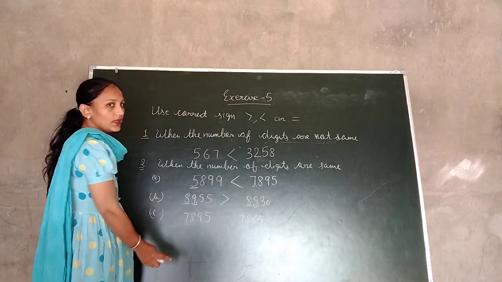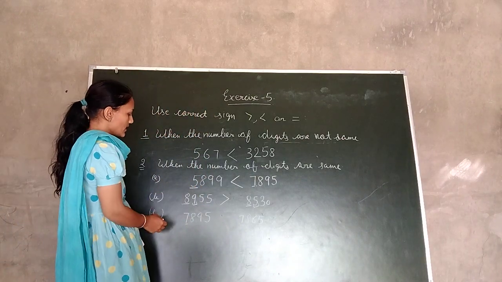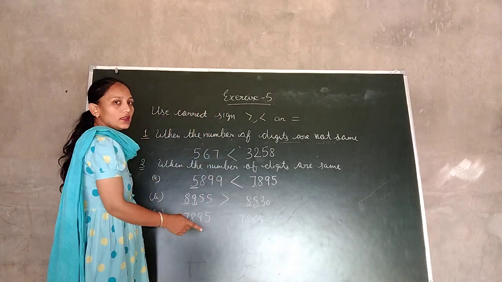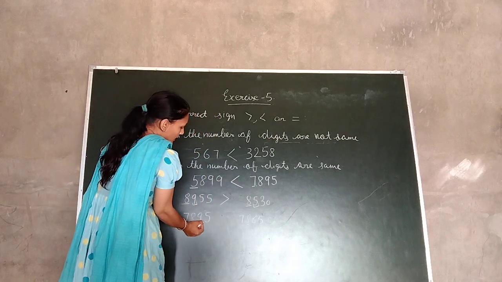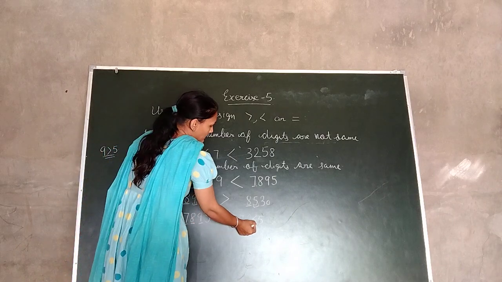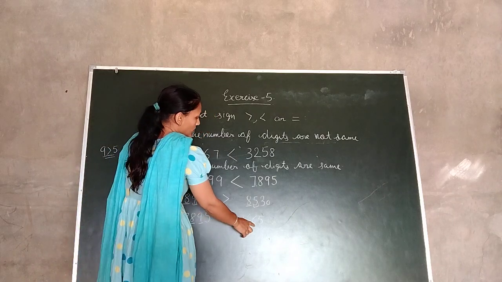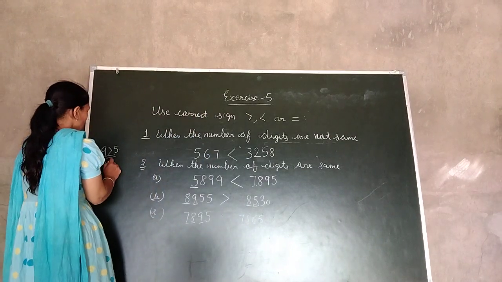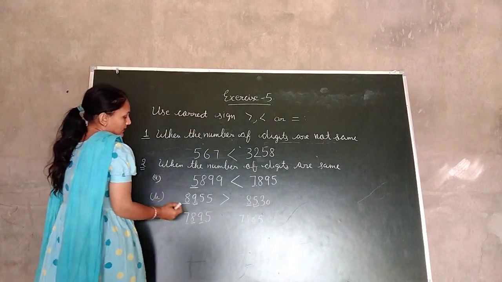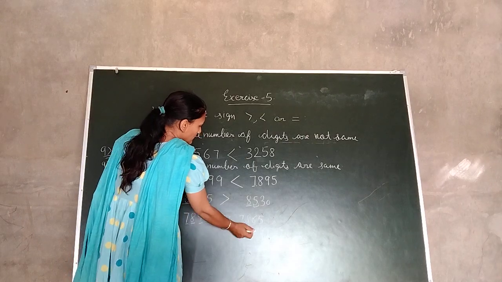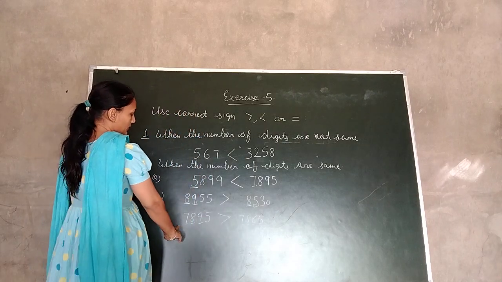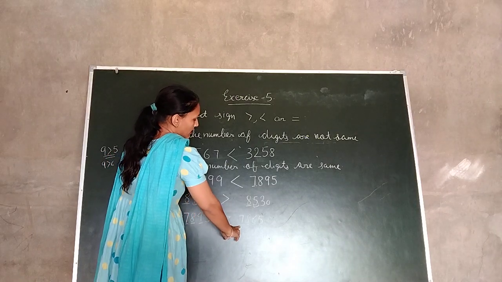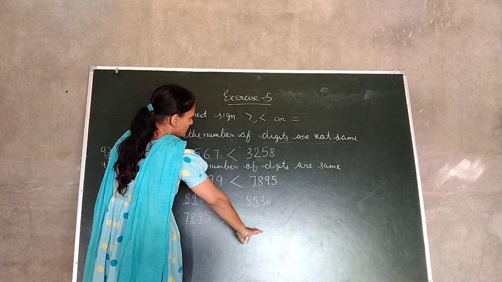Here it is 7, here it is 7. Both are same. Next we will compare the digit in hundred place. These are also same. Then we will compare the digits in tens place. Here we have 9 and here we have 6. 9 is greater than 6. So what it means, 7,895 is greater than 7,865.